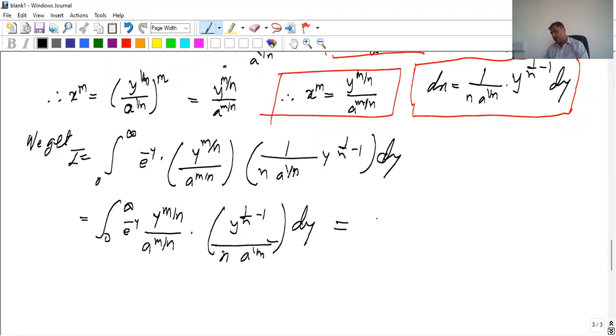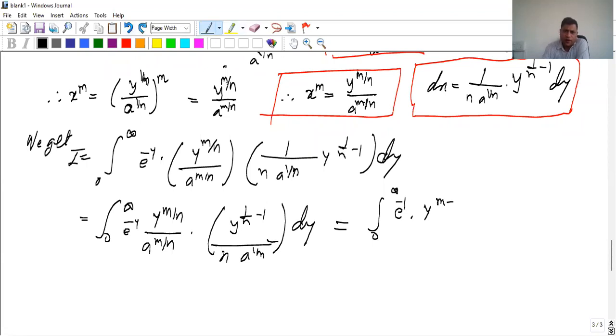Now let us calculate the value of this integral. First, we need to simplify this integral. Okay, so how are we able to simplify? See here, integral 0 to infinity, e raised to minus y, y raised to m by n.